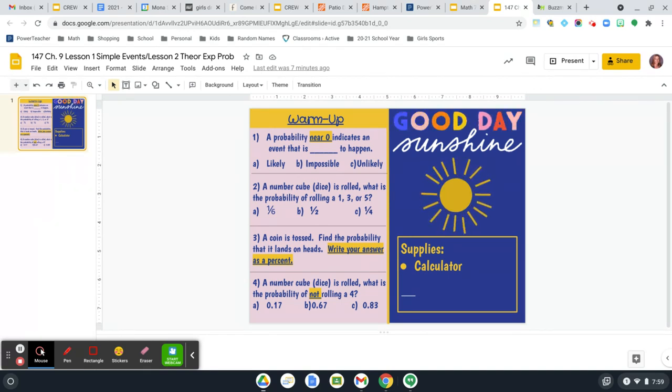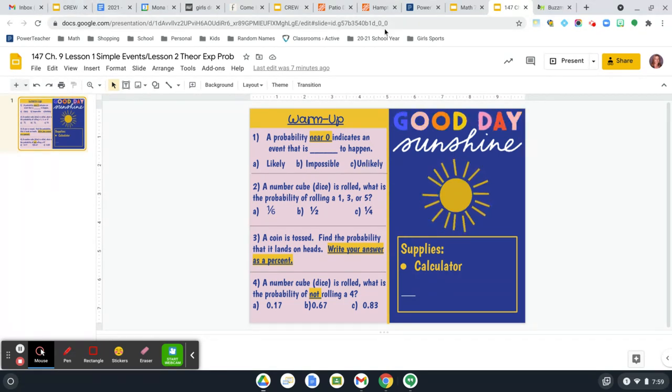You notice your answer choices are in decimal form. So 5 out of 6 as a decimal, if you were to divide that out, is 0.83, letter C, which means you have an 83% chance of not rolling a 4 on the number cube.